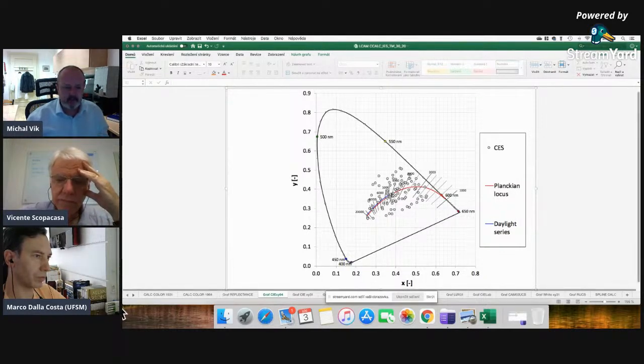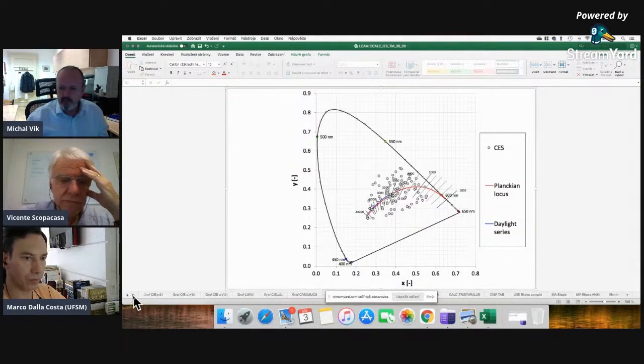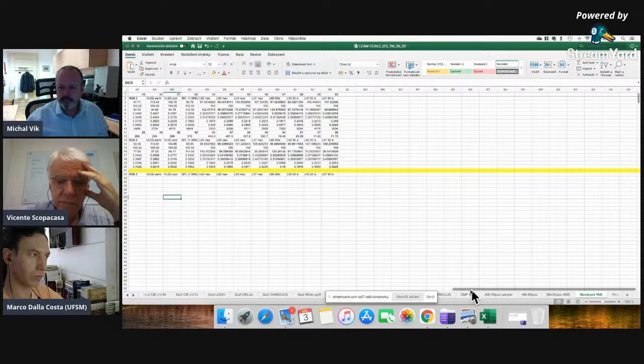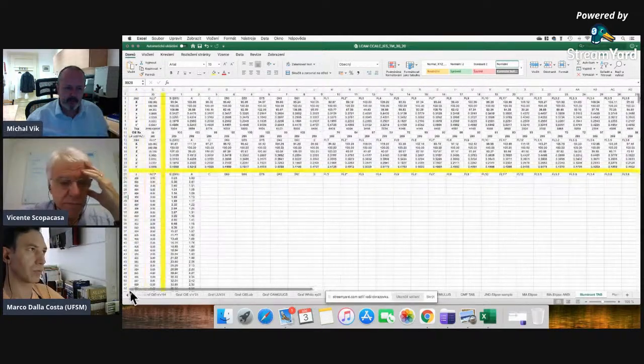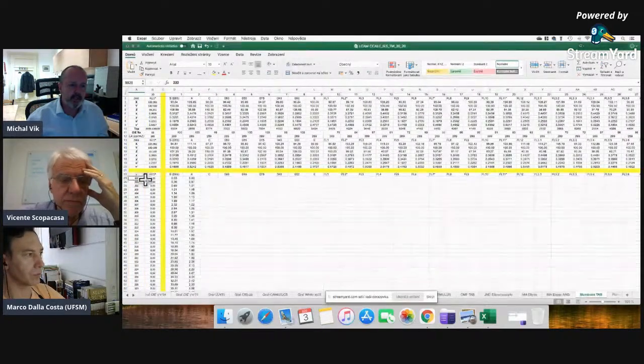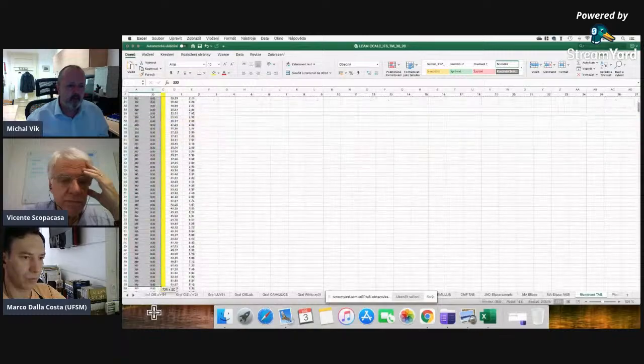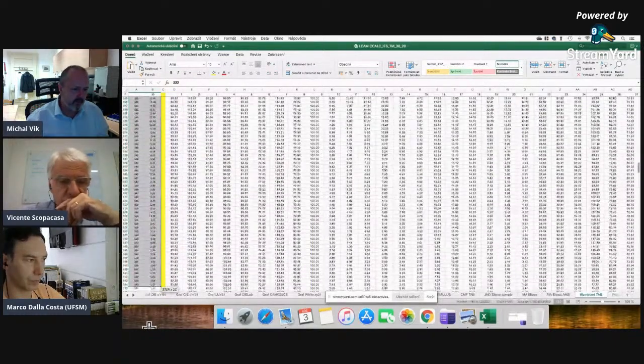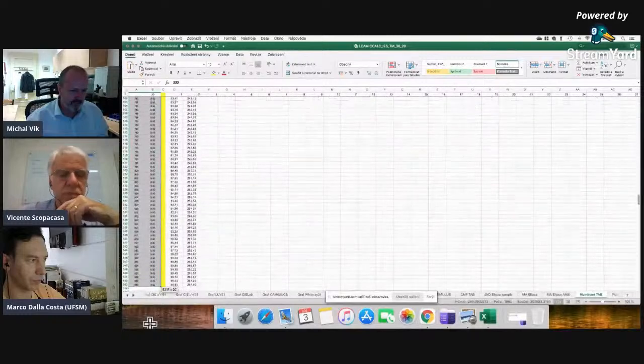And what is important, why I'm showing this, because here we have illuminants with 1 nanometer resolution. Exactly, this one is a triband fluorescent.